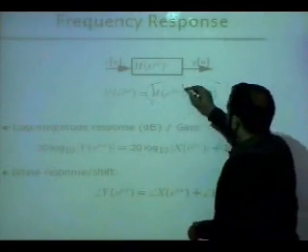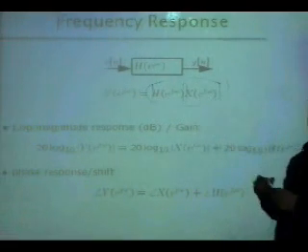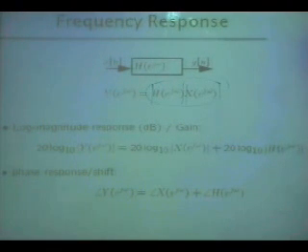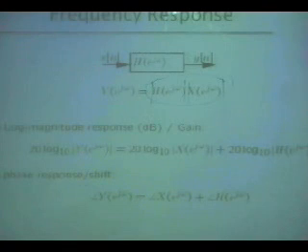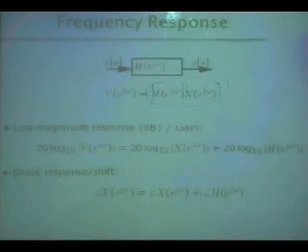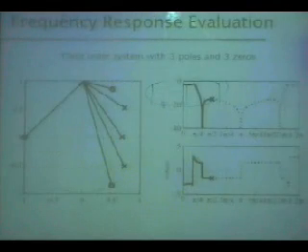But if you take the log of two things which are multiplying, you can replace them by the log of this plus the log of this. So our interest is in finding 20 log base 10 of Y, and this is how it is related. It's a log magnitude response in dB.